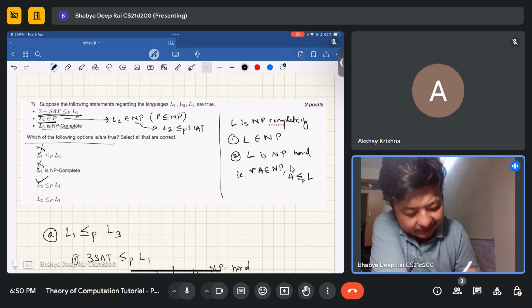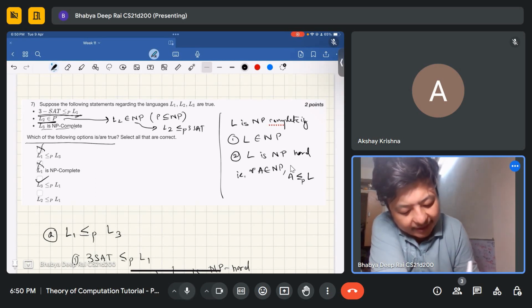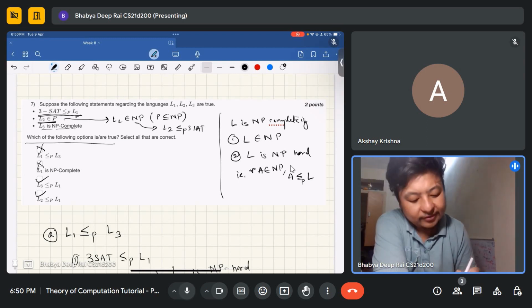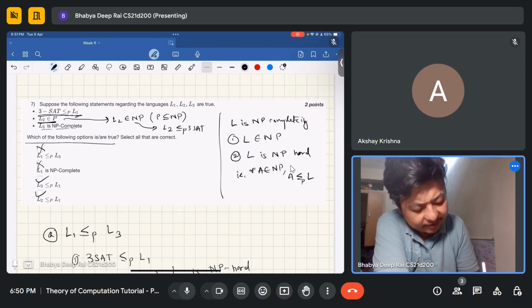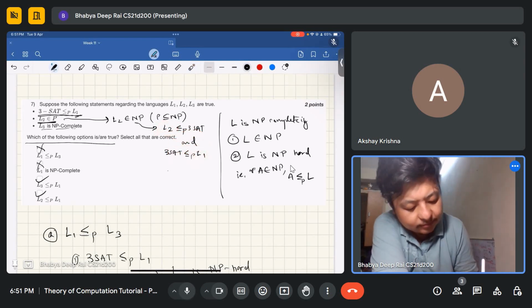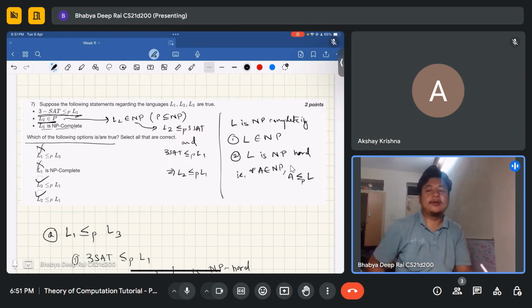L2 reduces to 3SAT, and 3SAT reduces to L1, which means that L2 reduces to L1. So this is correct, true.